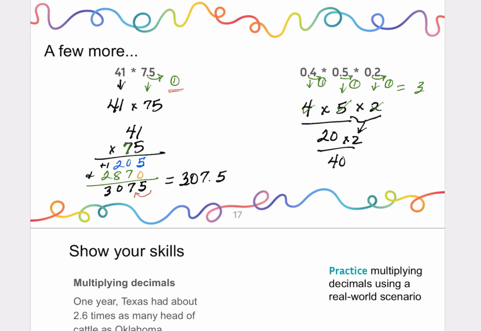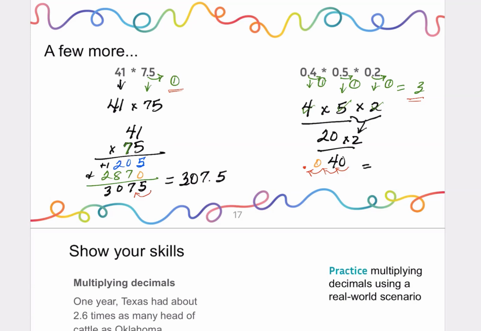Because we need to move our decimal place back in 3 spaces, we still have to do that. Even if we got a whole number answer, 40, we move that decimal back in. Now we notice here we need to move it one additional space, and we do not have a 0 there, so we can just annex and add 1 in. And we remember that we're moving that decimal to fall in line where it should be.